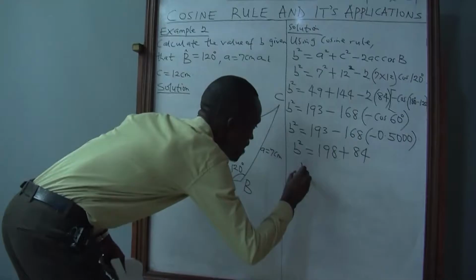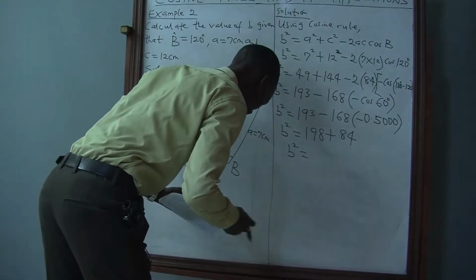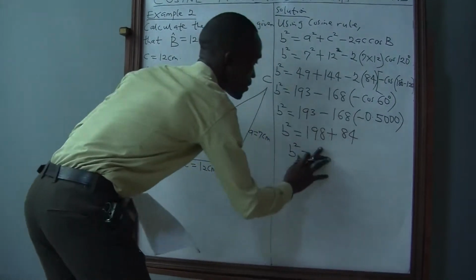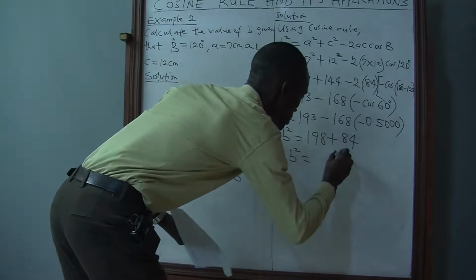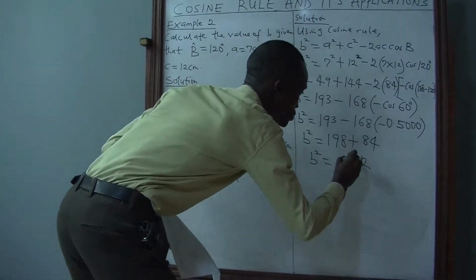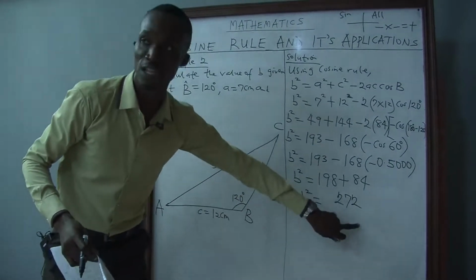So which means from here we have b squared, the addition of 84 and 193 will give us 277. So b squared is equal to 277.